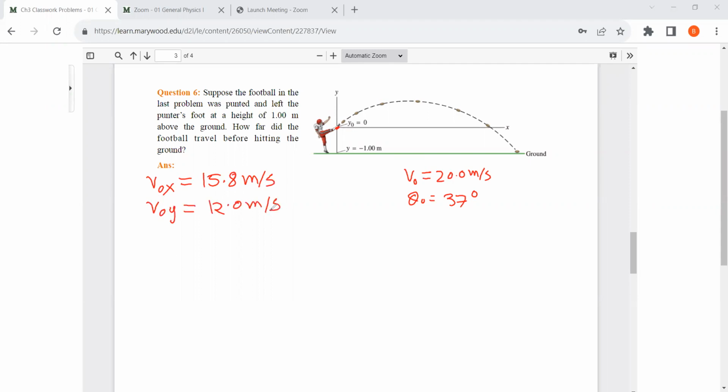If you forget, the rule is v0x equals v0 cosine theta, and v0y equals v0 sine theta. By plugging the values here, we get this.